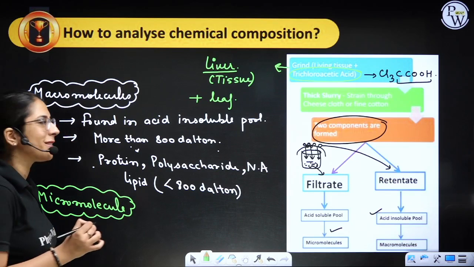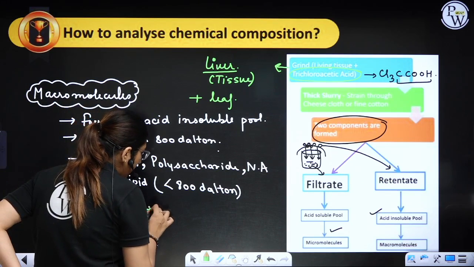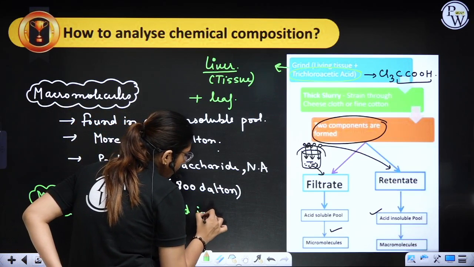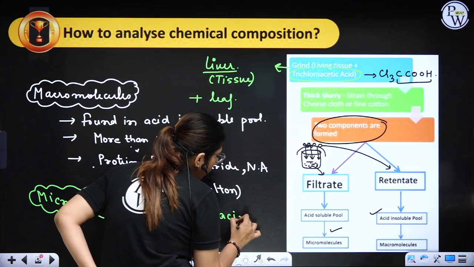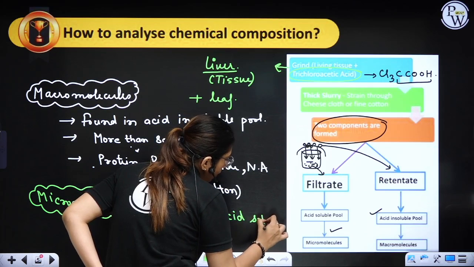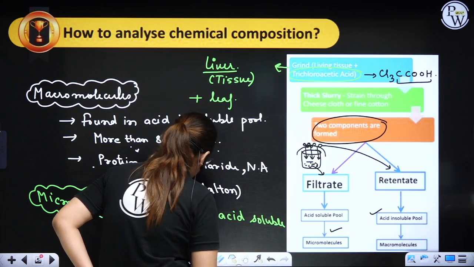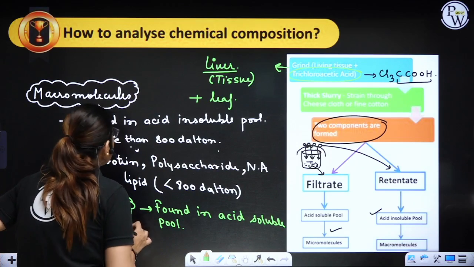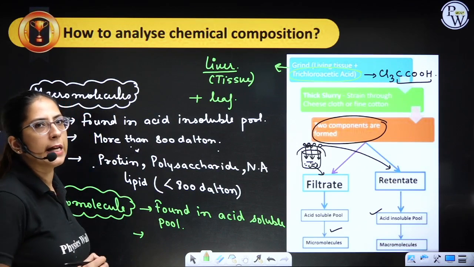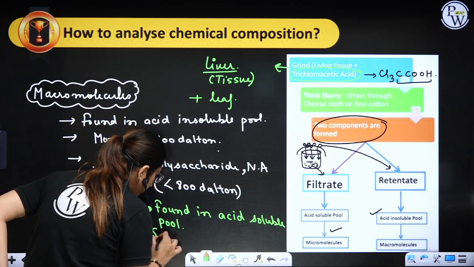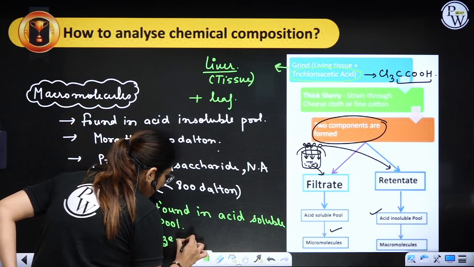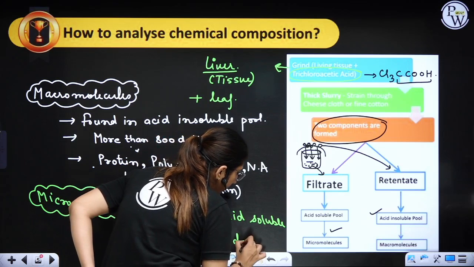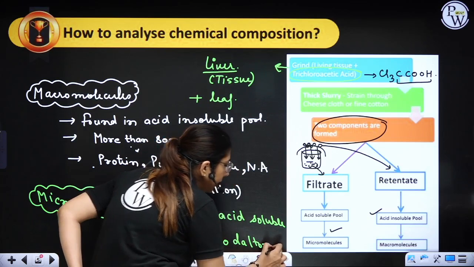They are found in the acid soluble pool. Their size is 8 to 800 Dalton.